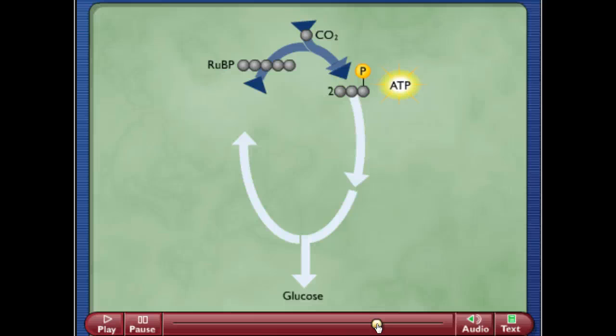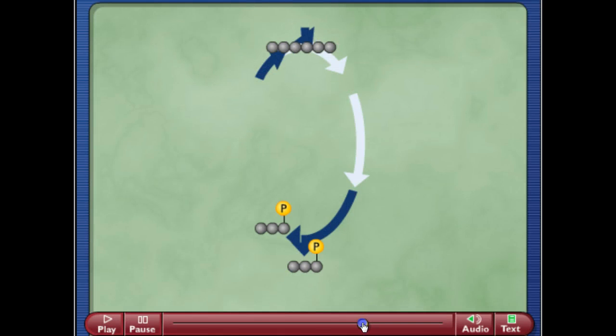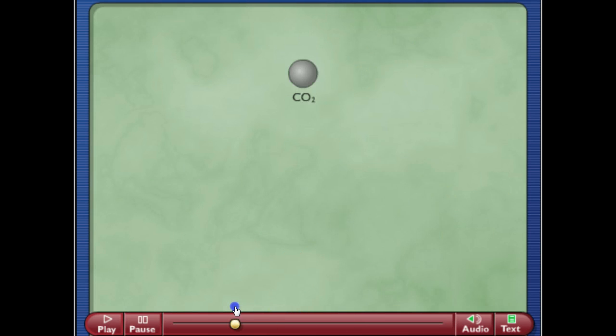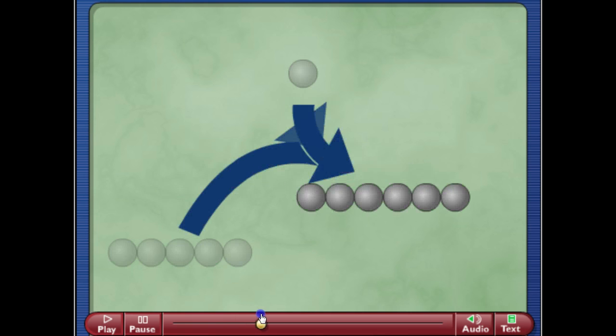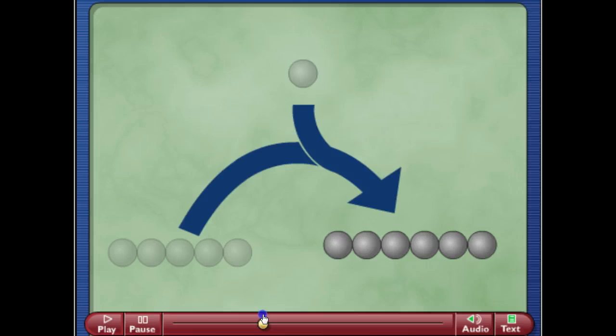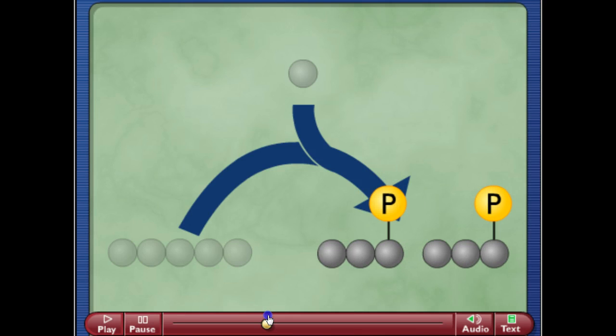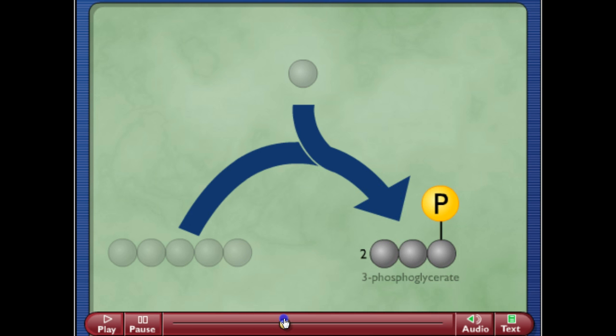Now, that's a very general look at the Calvin cycle. Very, very, very general. But it kind of gives you an idea of the inner workings of this process. So again, here's our carbon dioxide and our RUBP combining to form that temporary 6-carbon molecule, which breaks into 2 3-carbon phosphoglycerates.